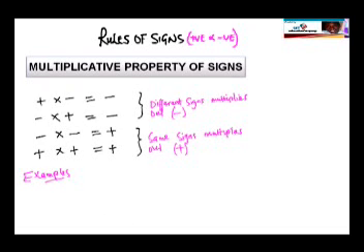Okay, supposing I have minus 3 multiplied by minus 2. Good. Now what is going to be our answer here? The answer is this. First and foremost, signs can multiply themselves as well as numbers.